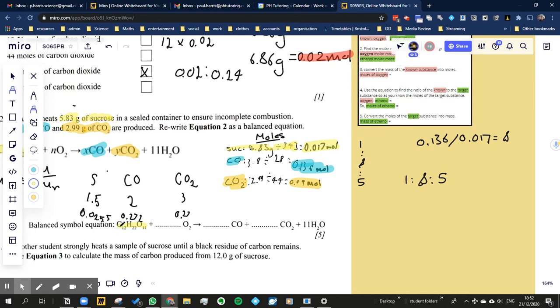They told us it was a 1, which meant that we know that would be 1 there, and that would be 1 to something there. So the next one we look at is the carbon monoxide, which is going to be 8, and then the carbon dioxide, which is going to be 5.